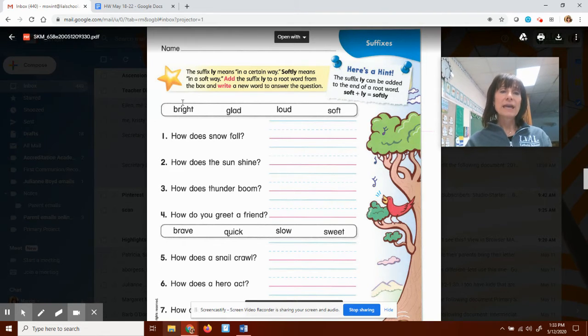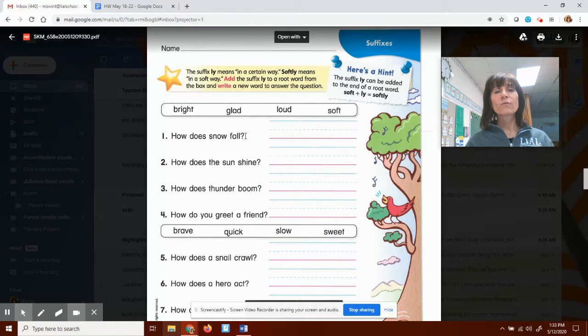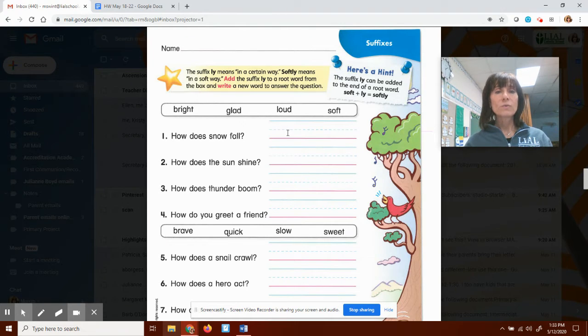So in this case, we have the root words bright, glad, loud, soft. I can put an ly to there and it's in a certain way. How does snow fall? Well, the snow would most likely fall softly. So I could write the word softly right along here for number 1.